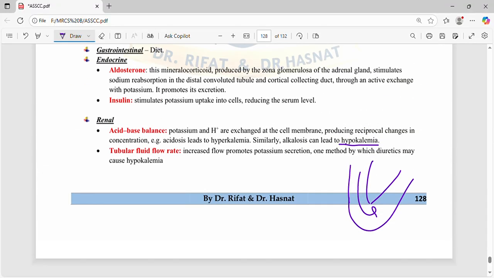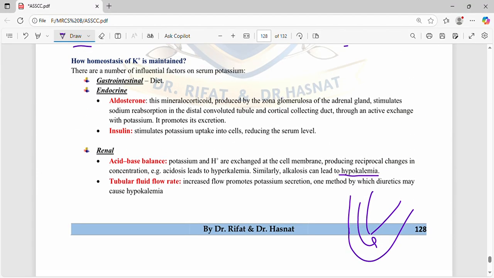Okay, so let me summarize these causes of the potassium homeostasis. Gastrointestinal: getting more potassium in food will lead to hyperkalemia up to some level, but the body can maintain it.